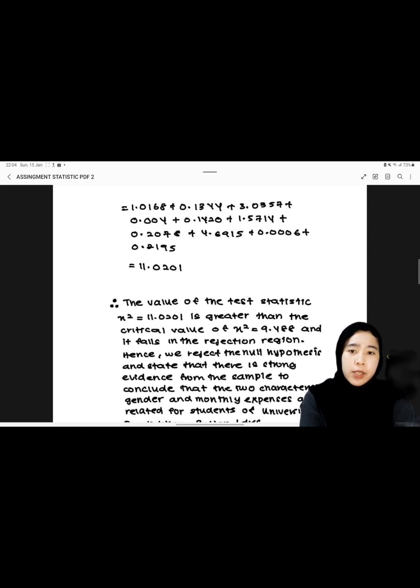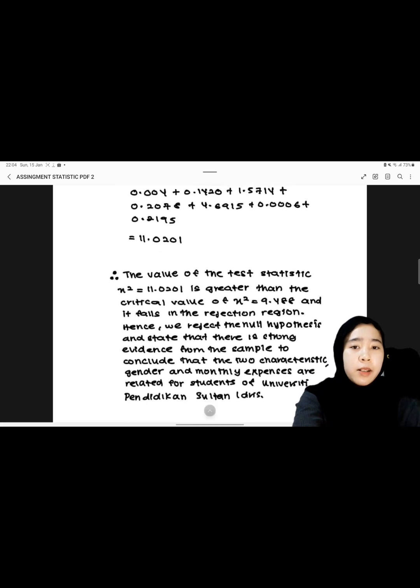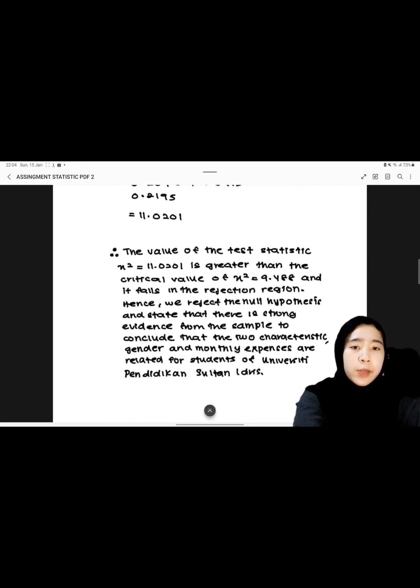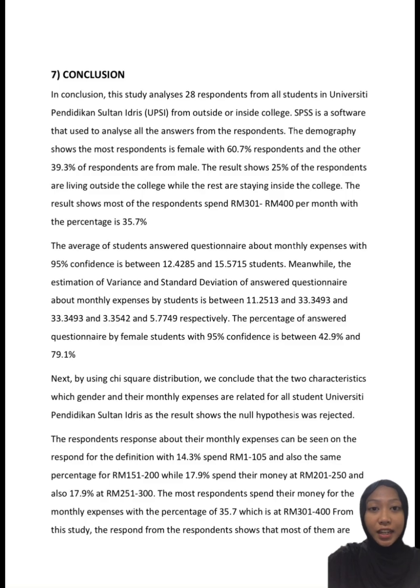Hence, we reject the null hypothesis and state that there is strong evidence from the sample to conclude that the two characteristics, gender and monthly expenses, are related for students of University Pendidikan Sultan Idris. Thank you.